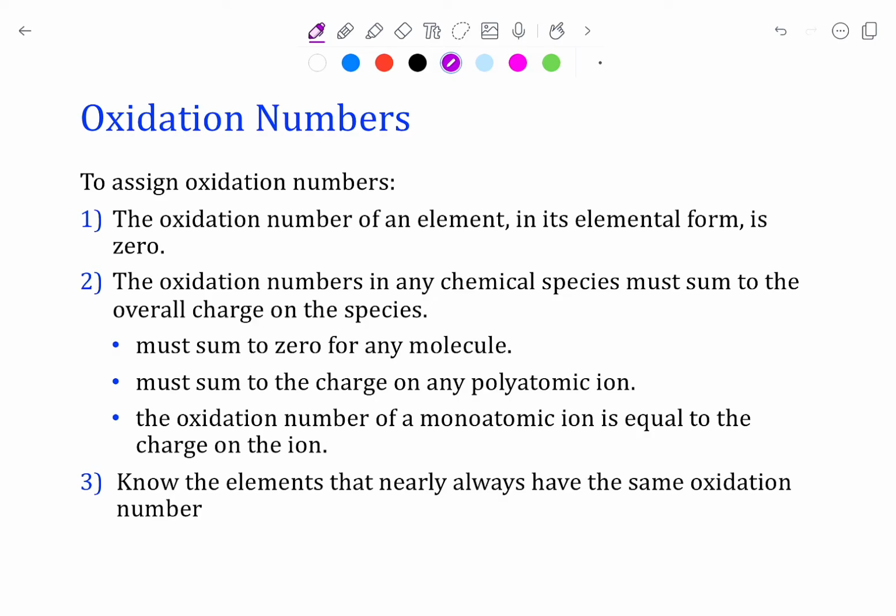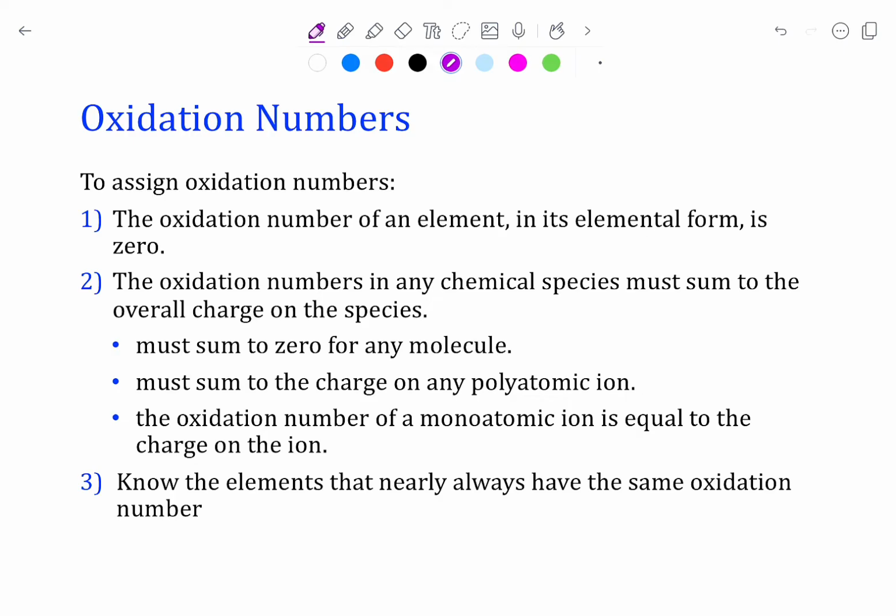These are really good rules to follow when determining oxidation numbers in compounds that are a little more complex than our basic ionic compounds, or if we wanted to find the individual oxidation numbers of all elements, say if we had an ionic compound with a polyatomic ion, where I have multiple elements that are both metals and nonmetals.